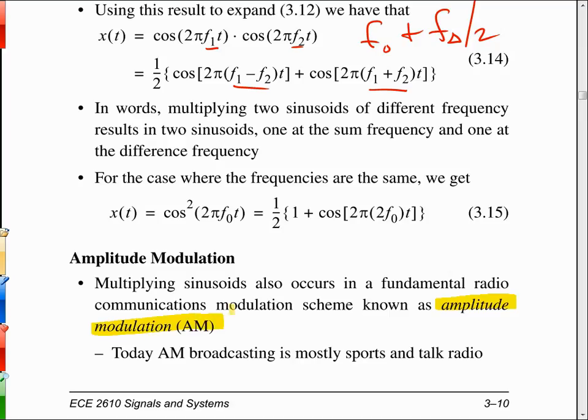When you think of AM radio, what pops into your head? Boring? Sports? And what else? Talk radio, right? That's about all it's used for right now.